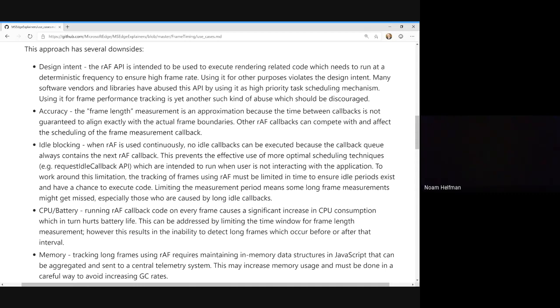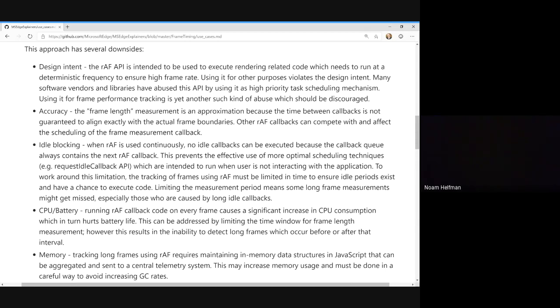So what we started doing is just measuring long frames. We use RAF, and every time the user starts doing some interaction, we start a RAF loop basically, and try to collect if there are any long frames during that time. And then we send that data and aggregate it on our backend.